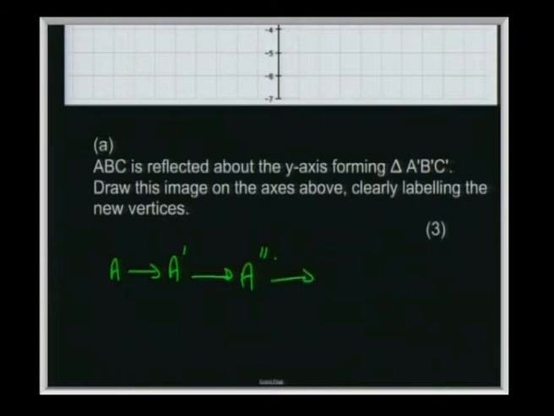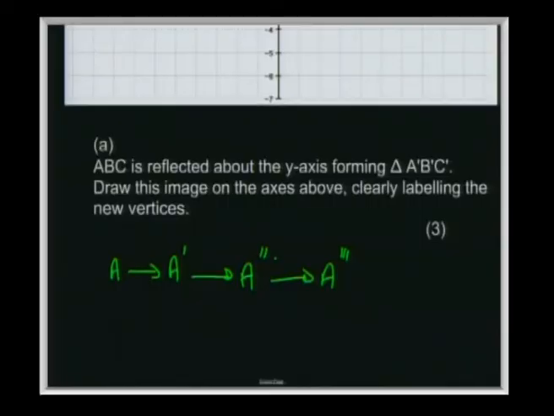And if you wanted to transform it again, it would become A triple dash. A, one transformation, A dash, 2 to A double dash, and 3 to A triple dash. Now, this is what could happen in a test: you get a shape or a line or a point, and it's reflected once, reflected twice, rotated, and see where you land up. So A goes to A dash, to A double dash, and to A triple dash.